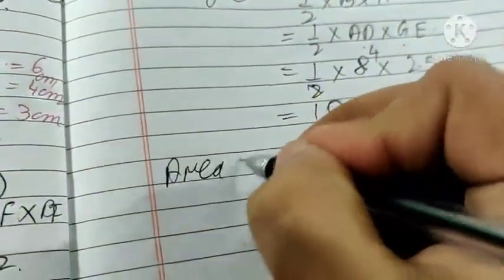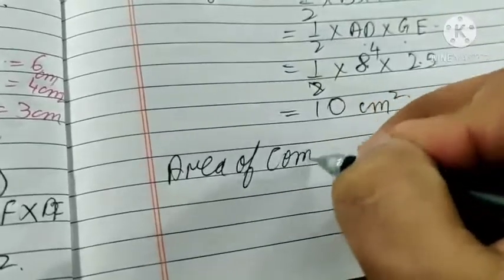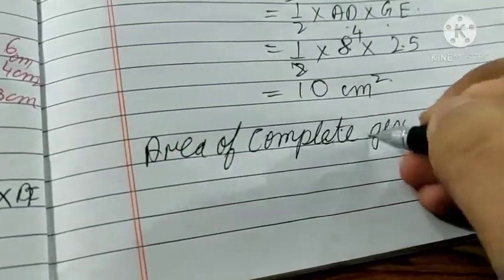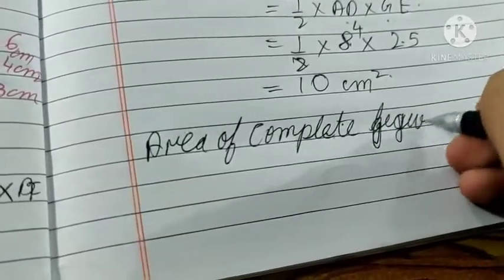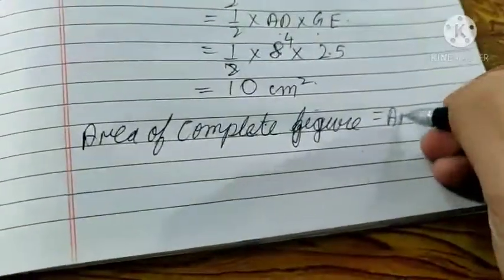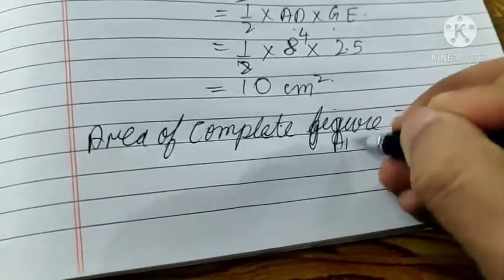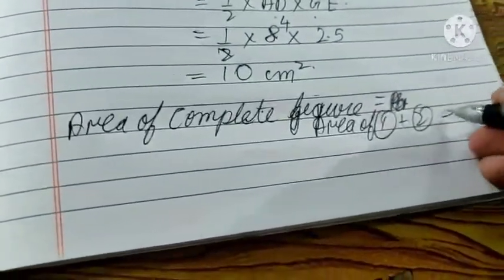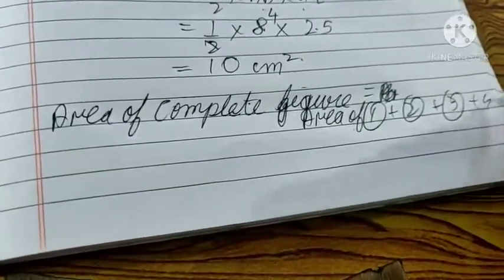Okay, so area of complete figure is equal to area of 1 plus 2 plus 3 plus 4.